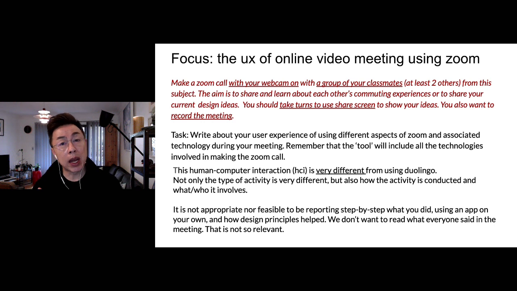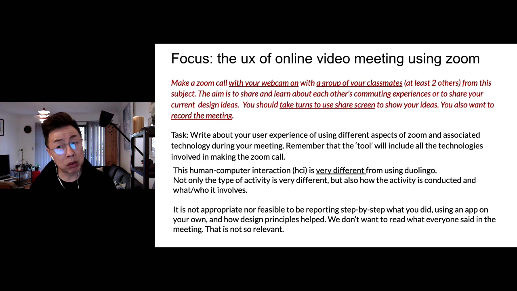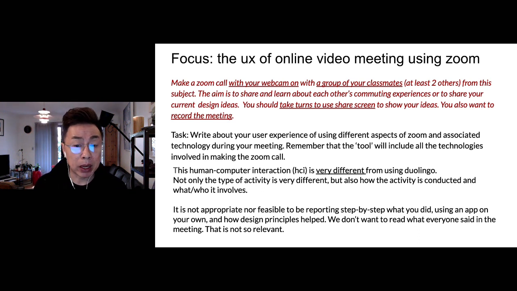And you need to think about, and I can't give you the answer, but I'm hinting at you to think about how the activity is conducted. Not just what is involved, but also who is involved. Okay? And the what would include technologies as well. So, given that, it is not appropriate or feasible to report the step-by-step of what you did, like what you wrote down for Duolingo.